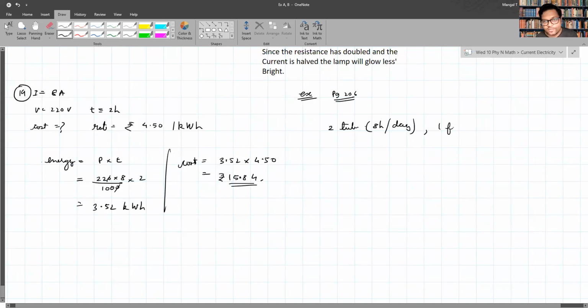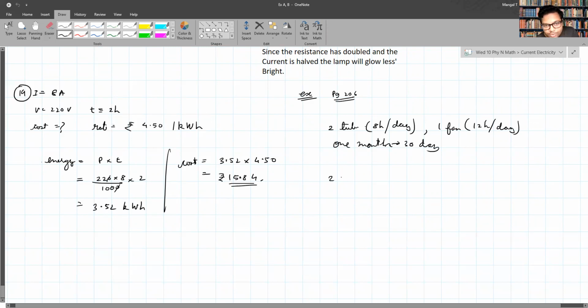There is one fan which is operated for 12 hours per day. Now, if you are using this for a month, whenever they say 1 month, you have to take 30 days. If it is used for 30 days, what will be the electricity bill?